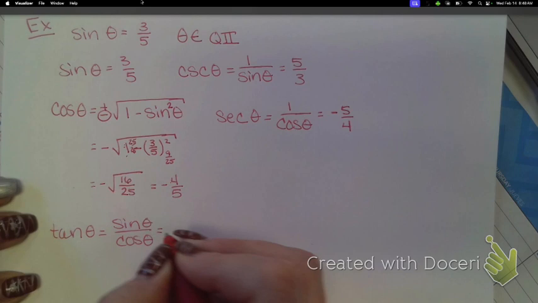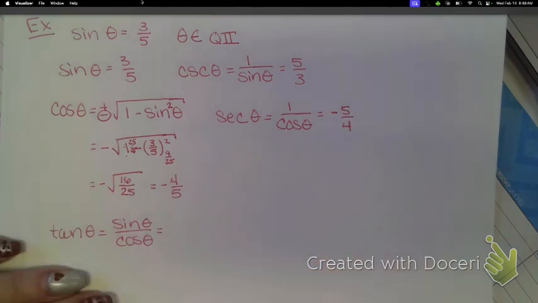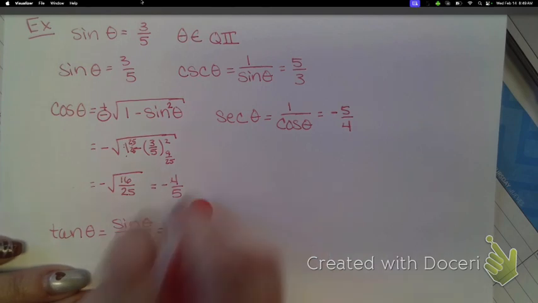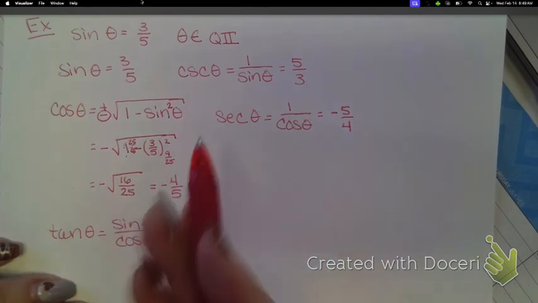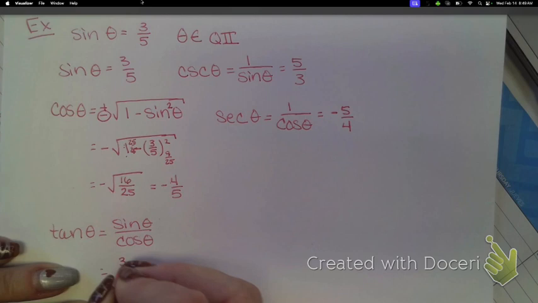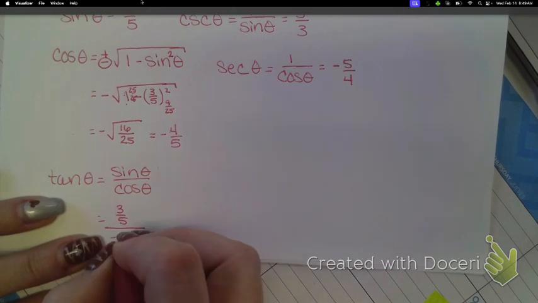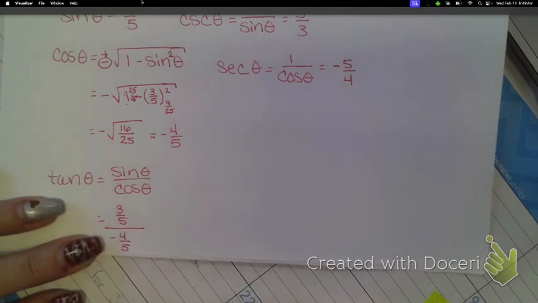I was hoping you guys would let me do the Pythagorean. So what is the sine of theta? 3/5. And what is the cosine of theta? Negative 4/5. Now, when I divide fractions, I multiply by the reciprocal, yes? And we've talked about this before.